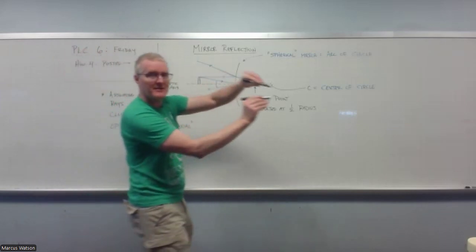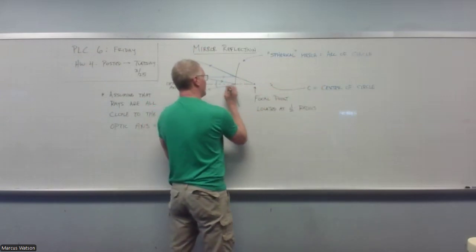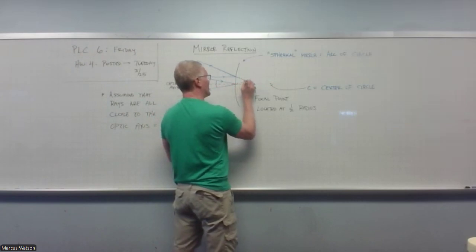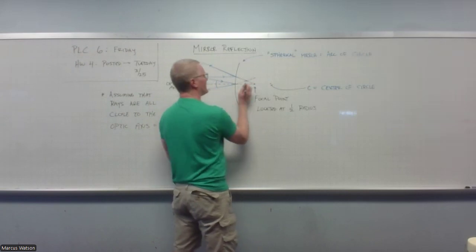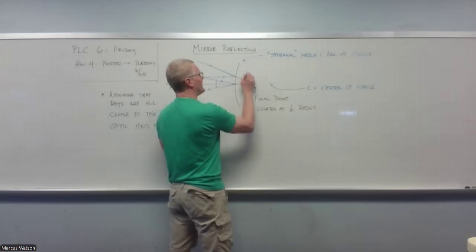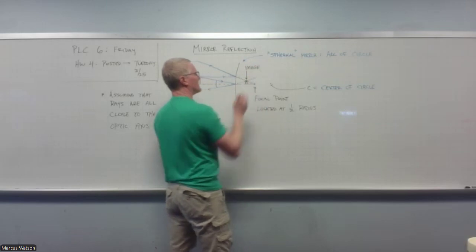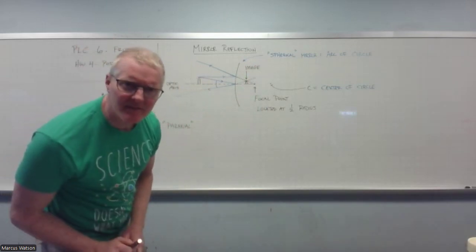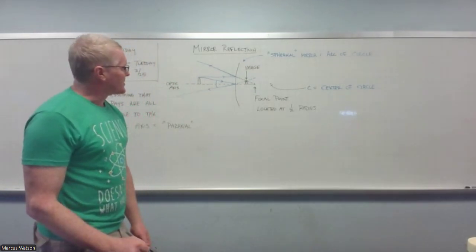I'm going to trace them backwards, like this, and right there is where it looks like they crossed, and therefore there's the tip of the flame right there, and the candle is here. This is the image. Right there. I don't know if you can quite see that. That's the image right there.